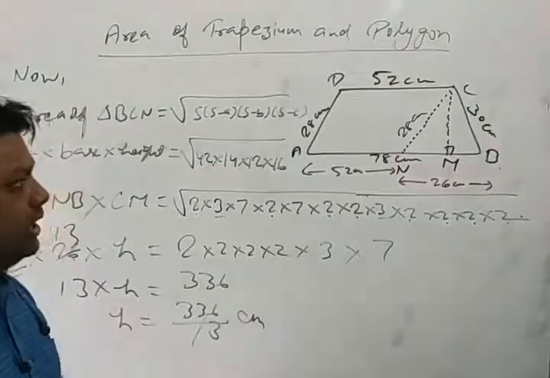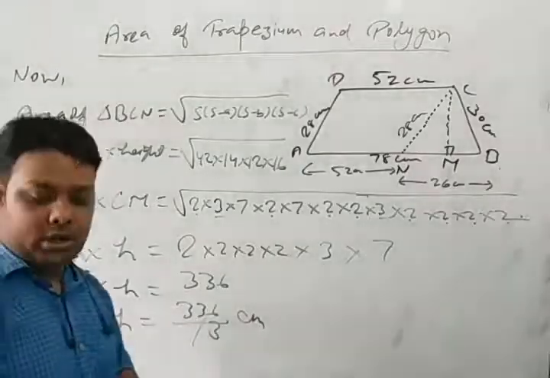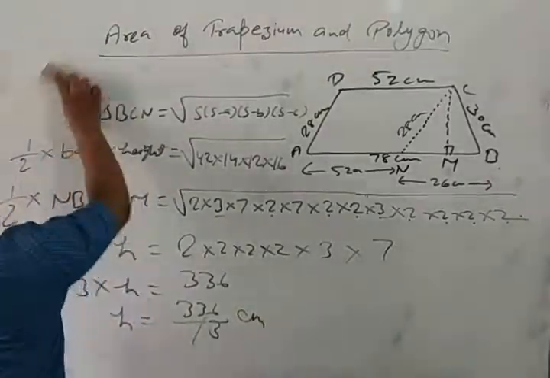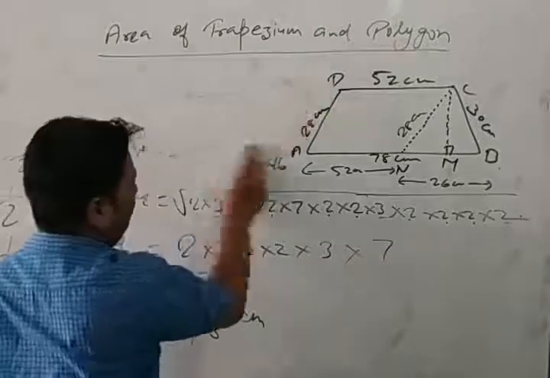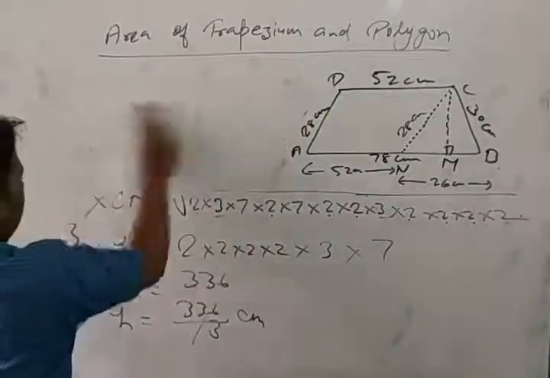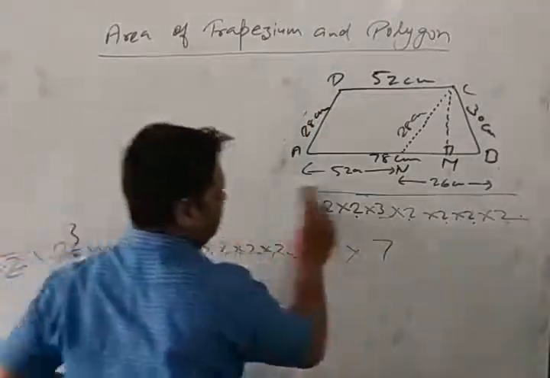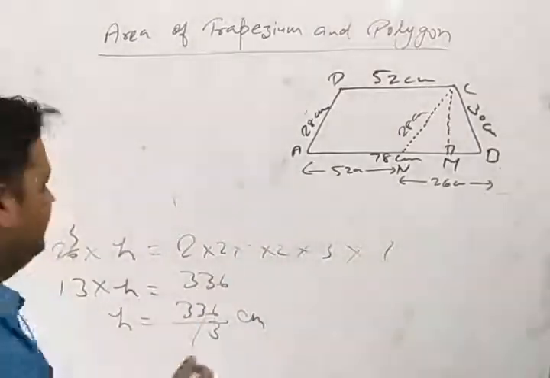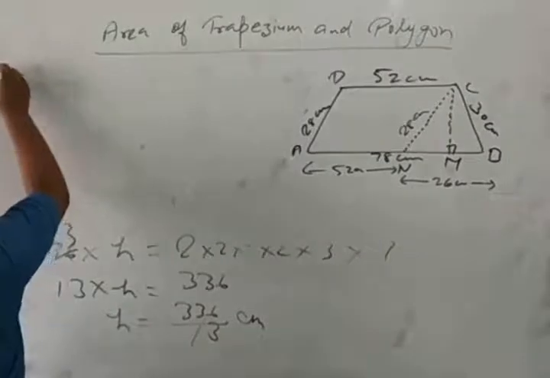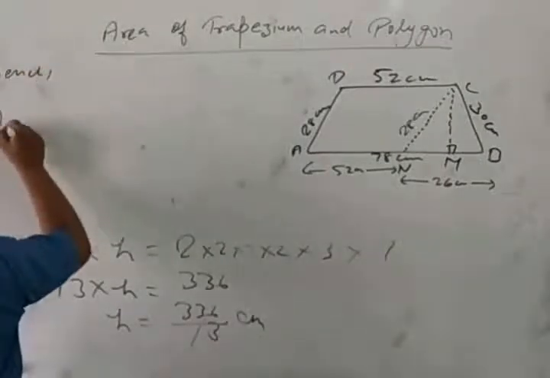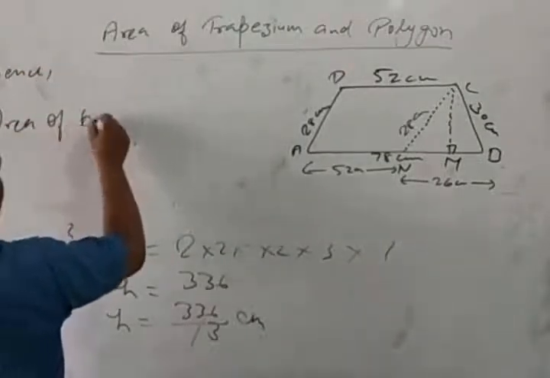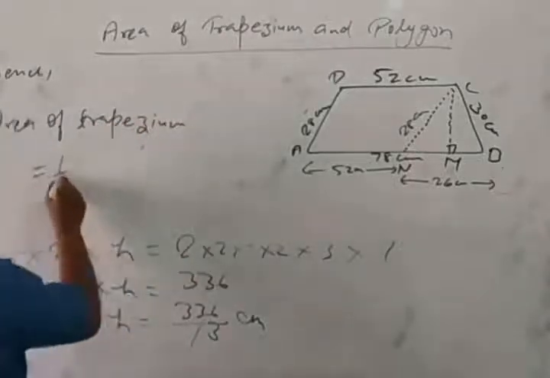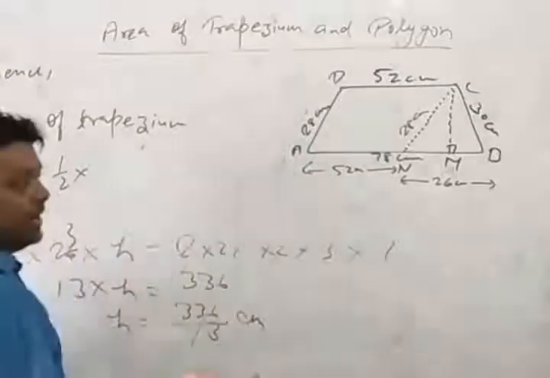Now we can use the area of trapezium formula to find the area. So let's see. Now I am putting the formula of area of trapezium. Area of trapezium is equal to 1 by 2 into the sum of parallel sides.